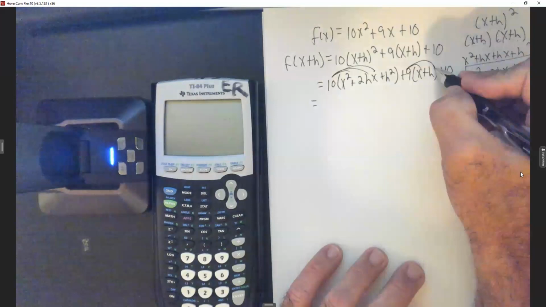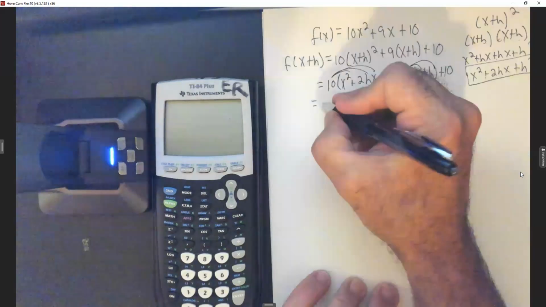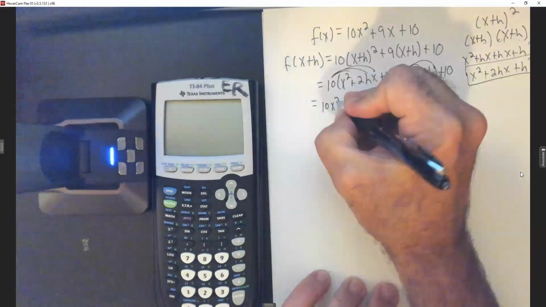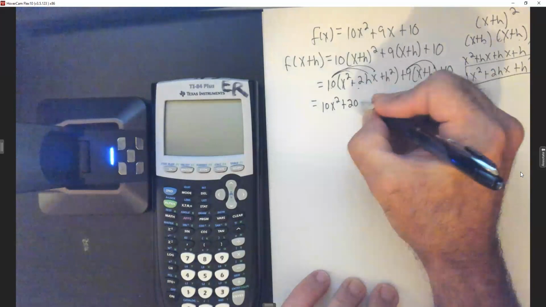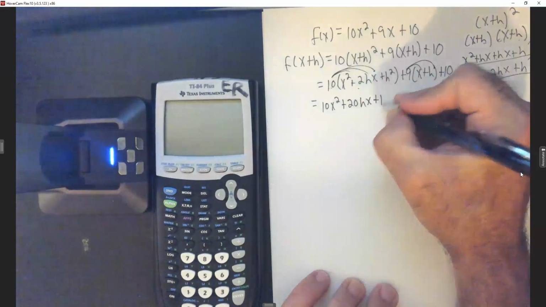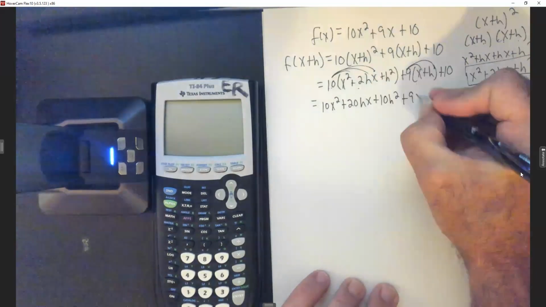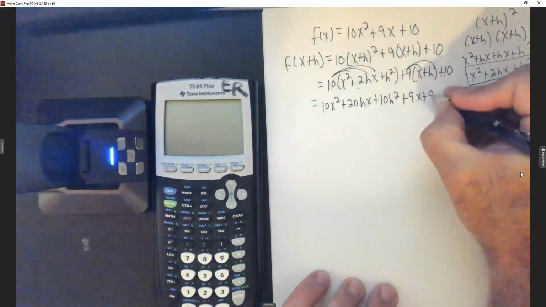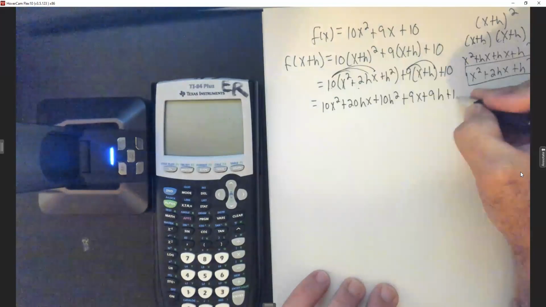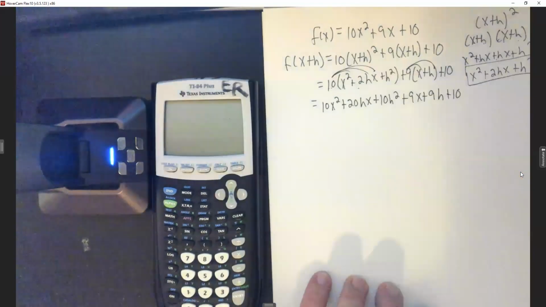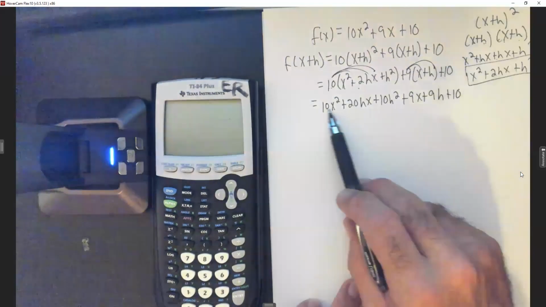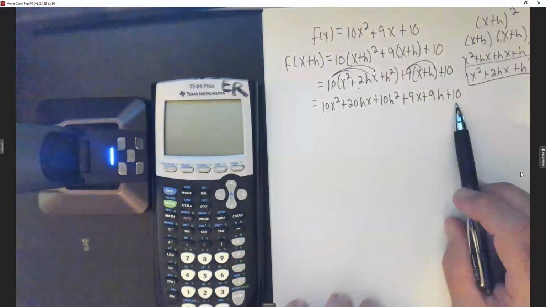So 10x squared plus 10 times 2 is 20hx plus 10h squared. Then distribute the 9, you get a 9x plus a 9h. At the end is a positive 10. And if you look through this, none of these are like terms.